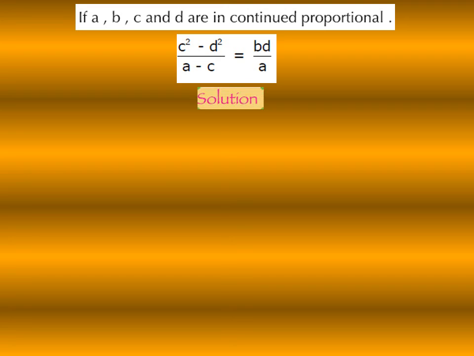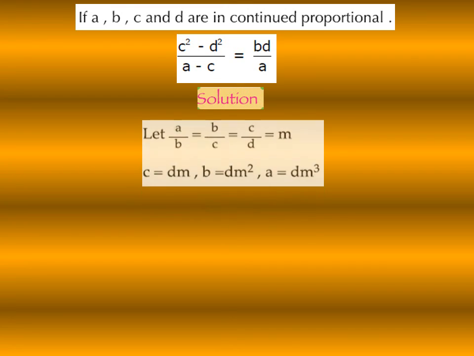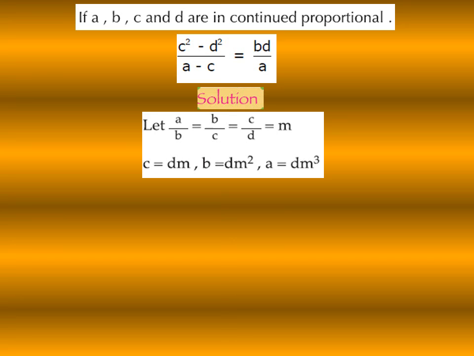If A, B, C, and D are in continued proportion, prove that C power 2 minus D power 2 over A minus C equals BD over A. Solution: let A over B equals B over C equals C over D equals M, where M is a real number, not equal to 0.